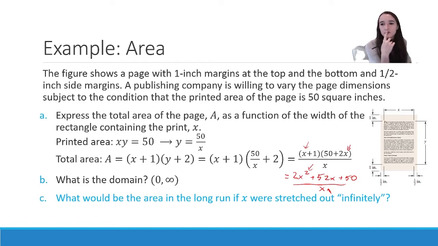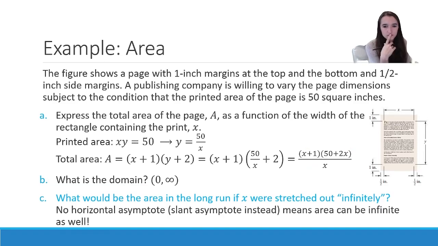So higher degree in the numerator. I'm not going to put us all the way back on this one, but remember, higher degree in the numerator means possible slant asymptote, but definitely no horizontal asymptote. So what would that mean? No horizontal asymptote means we're not approaching a particular value. And in fact, if we went through the process of finding the slant asymptote, we'd see this is just going to go off towards positive infinity.